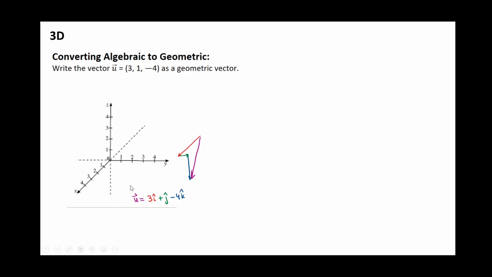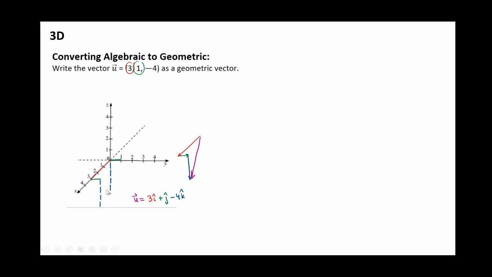So let's repeat that on the grid itself. Take the first component and draw a length of size 3 along the positive x-axis. Then the next one is the positive y-axis component. So draw it along the y-axis first, but then move it over to where you left off from the red. Then -4, draw it again on the z-axis first, negative, so it's on the bottom, but then transfer this over to where you left off from green.